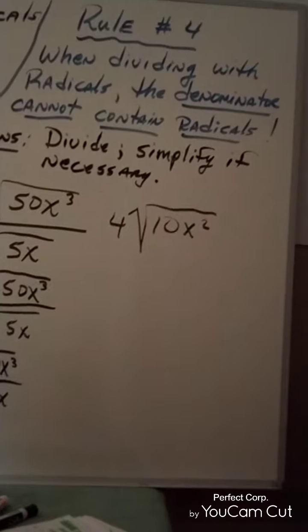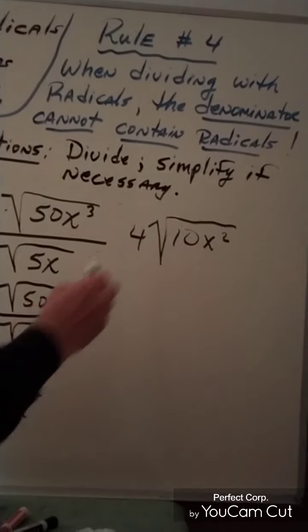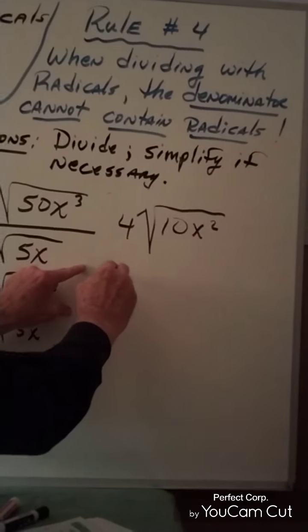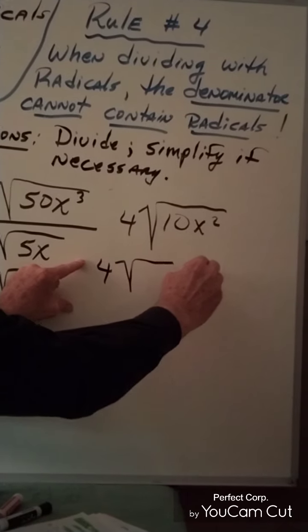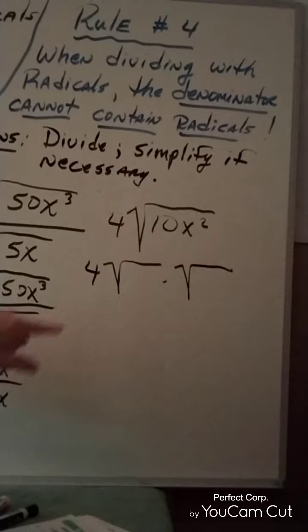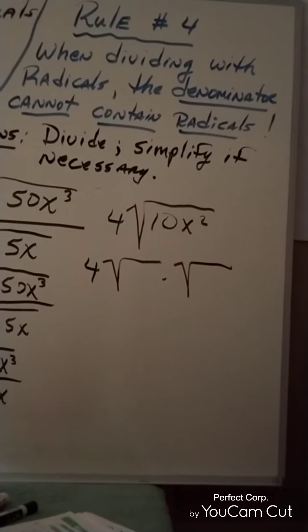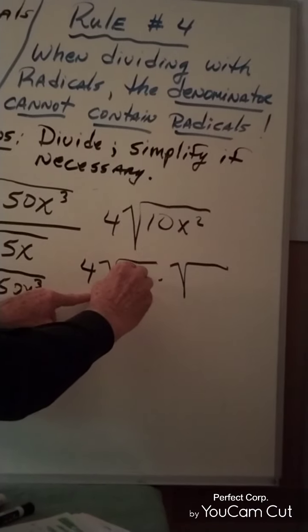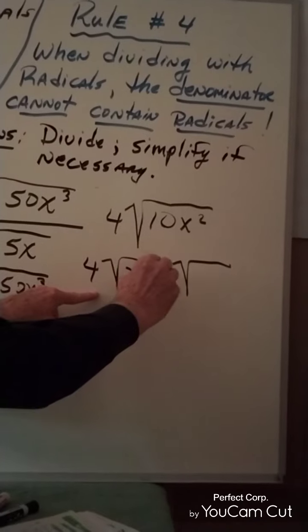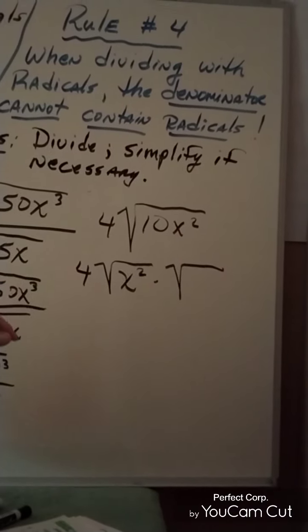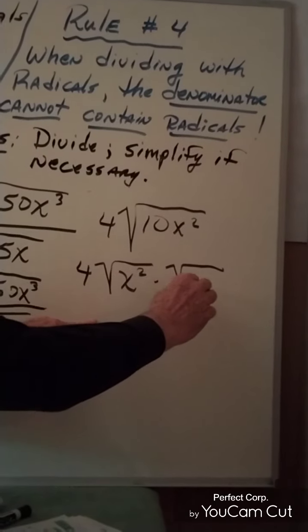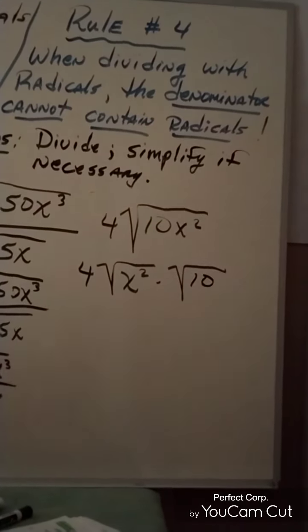So I'm going to use the product rule of radicals to split this up. Bring the 4 down. We'll make 2. The x to the second is a perfect square. It's going to go in house number 1. The 10 is irrational because it doesn't contain any perfect square factors. So we'll put the 10 in there.